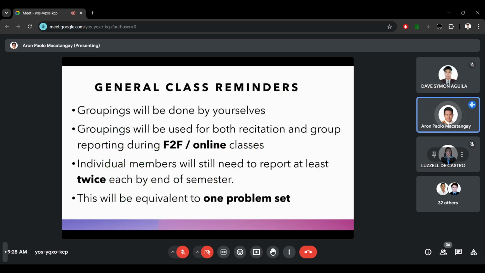Okay, class reminders. I have informed you that you will be grouped, and this will be done by yourselves. Okay, so you will be choosing your group mates, but I will tell you later how many groups and how many people will be in each group. Okay, these groupings will be used for both recitation and group reporting during face-to-face or online classes.